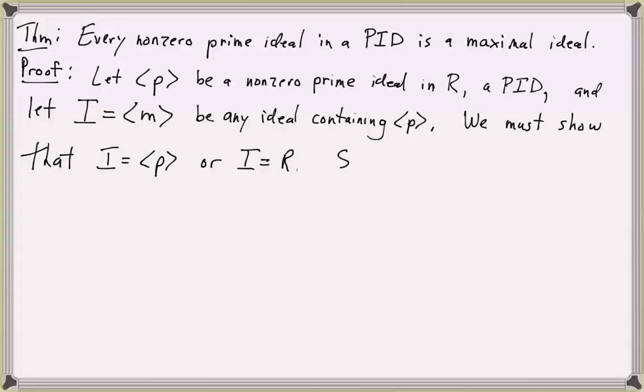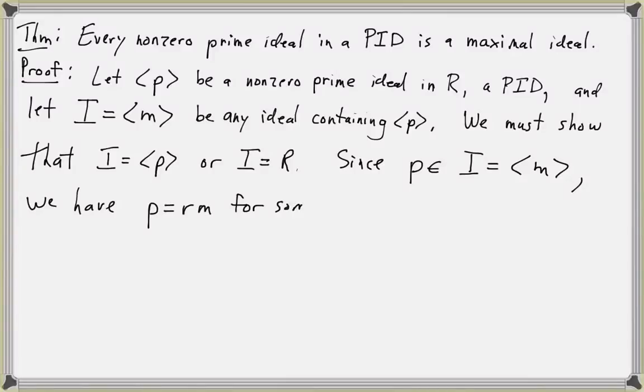Okay, so since P is in the ideal I, which is the ideal generated by M, we can write P as a multiple of M. So we have P equals RM for some element R in the ring.